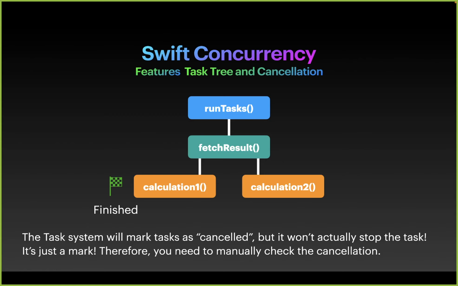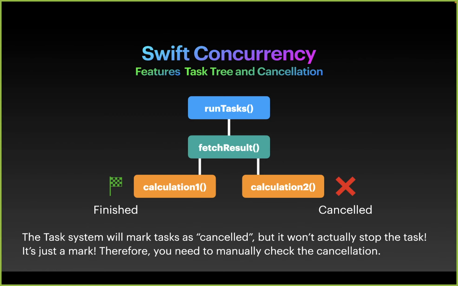But the thing is, it won't actually stop the task. It will mark calculation 2 in this case as canceled. Because it throws an exception, the execution flow just jumps out of that scope, and calculation 2 is marked as canceled. However, it's just a mark. It doesn't necessarily mean the task actually stopped.